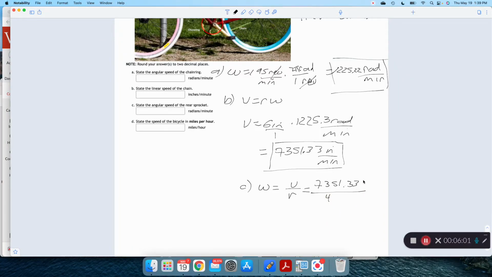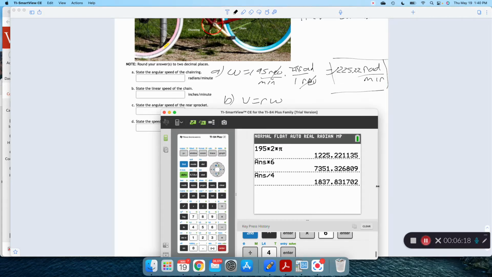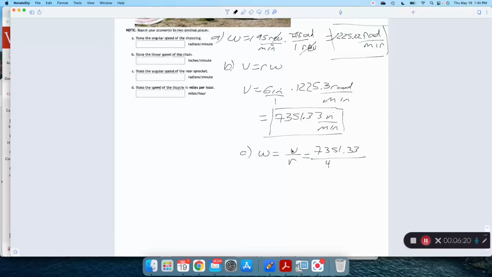And our units here, that's inches per minute divided by inches. That would be something per minute. Radians per minute. Remember, radians are unitless. So that last answer divided by 4. 1837.83. And radians per minute.